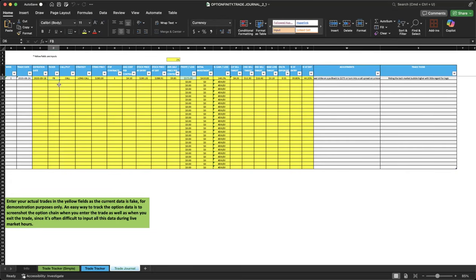And so you want to record, obviously, the ticker, whatever the position is, a call or a put. The strategy could be, like, butterfly call spread, butterfly put spread, for example, the strike price, number of contracts you're buying, the average cost per contract, the stock price at entry, stock price at exit, and then the average price per contract that was sold, essentially.